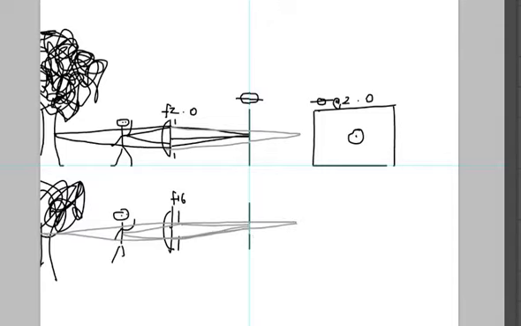But this time, the disk of light here is going to be relatively small compared to what it was on the previous diagram. So if I draw this square again, this is the focal plane at f16.